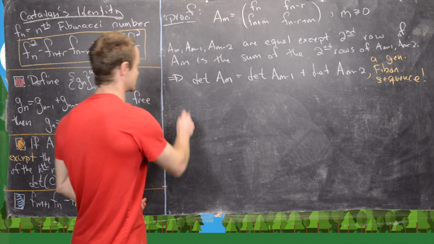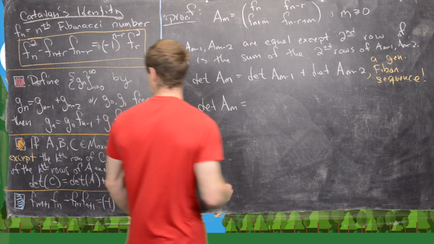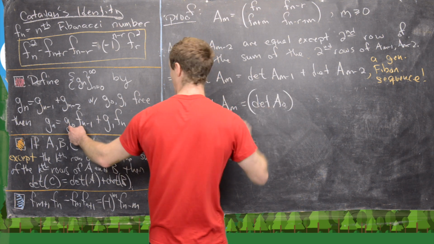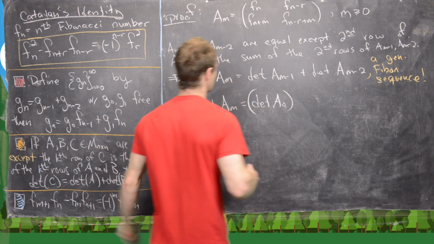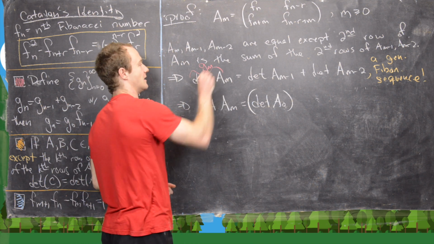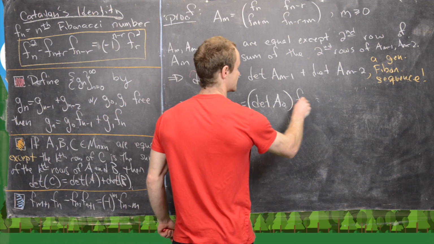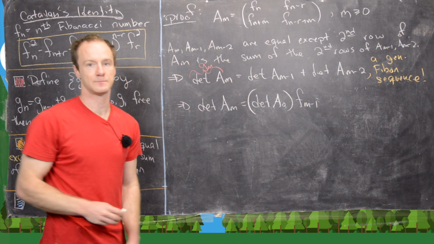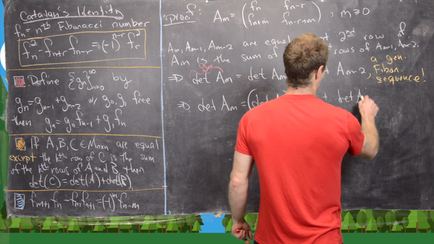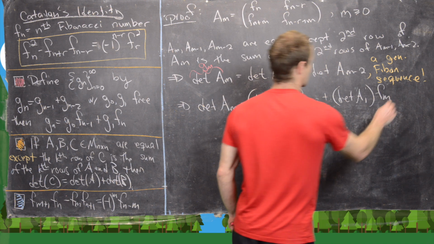So what that tells us is that the determinant of A m is in fact just the determinant of A0 from this part right here. So really, this guy right here is playing the role of G m, times F sub m minus 1, plus the determinant of A1 times F sub m.